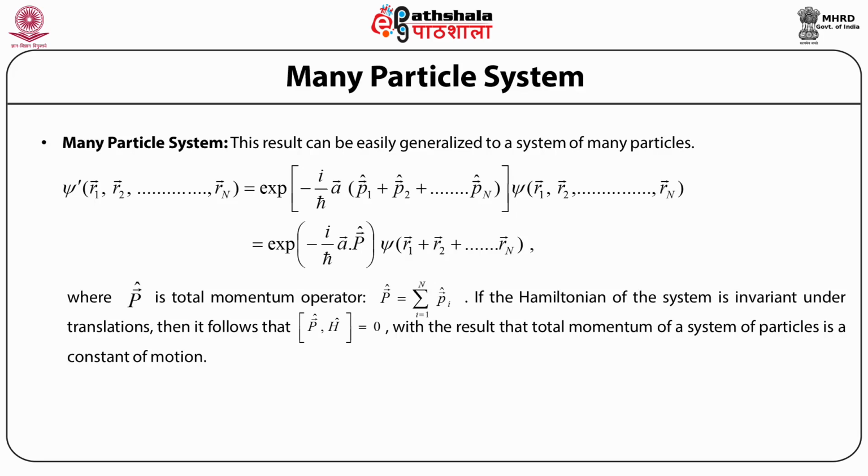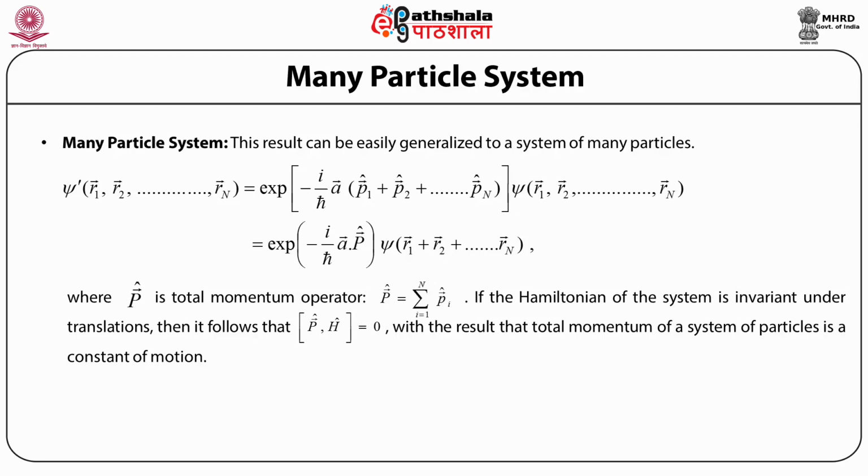And further working out this result, we get that the wave function psi prime turns out to be equal to exponential of minus i by h cross position vector a dot momentum operator capital P, whole times the wave function psi as a function of r1, r2 and so on, rn, where the momentum operator capital P is the total momentum operator and is defined as capital P equal to summation over i going from 1 to n, momentum operator Pi.